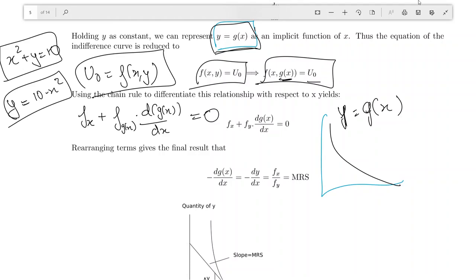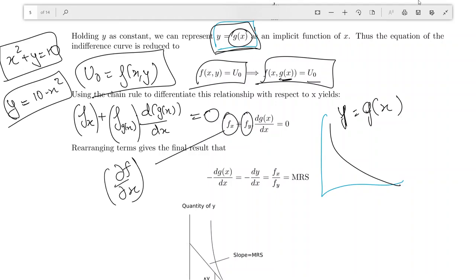Now f differentiated with respect to x is fx, and f differentiated with respect to g of x, since g of x is equal to y, is just fy. Okay, fx is del f by del x, partial differentiation, fy is del f by del y.